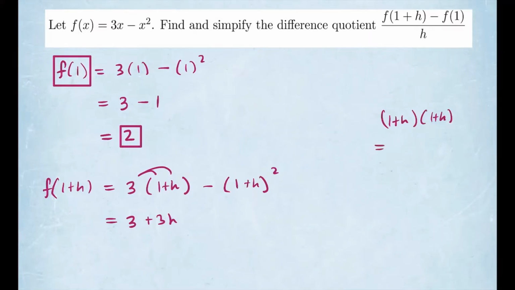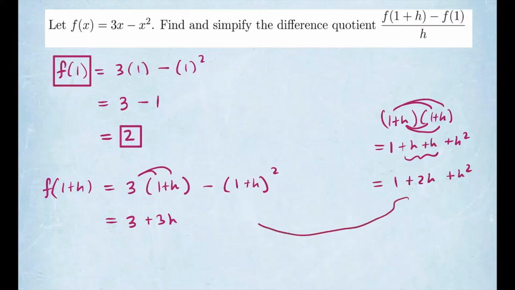So that will give you 1 times 1, that's 1. 1 times h, that's 1h. And then h times 1, that's 1h. So another h. h times h, that's h squared. Now these are like terms. We can combine them. This is 1 plus 2h plus h squared.